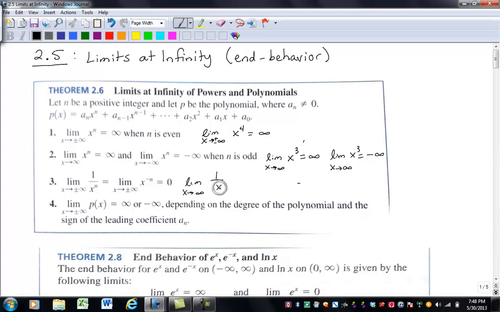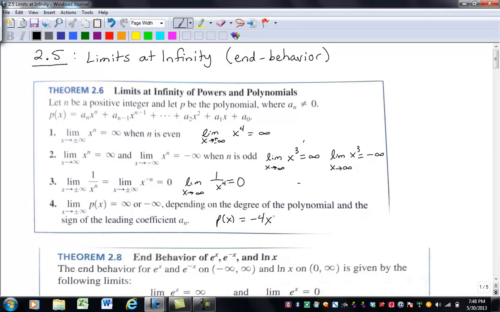So I'd have 1 over 10, 1 over 100, 1 over 1,000, 1 over 1,000,000, 1 over 1,000,000,000. Those numbers are getting smaller and smaller and approaching 0. And it doesn't matter what power this thing has in the denominator. That same property occurs.